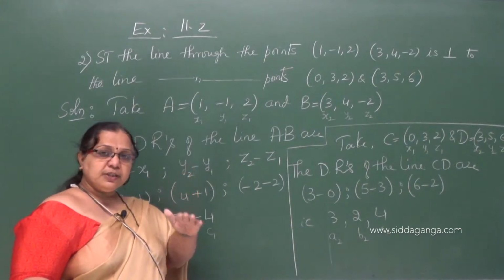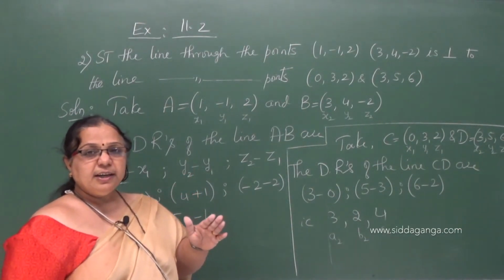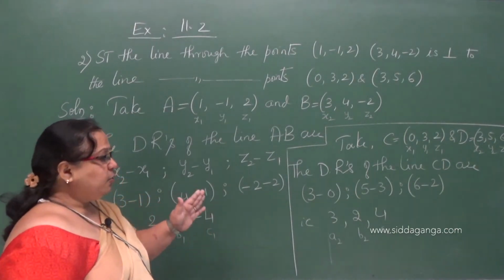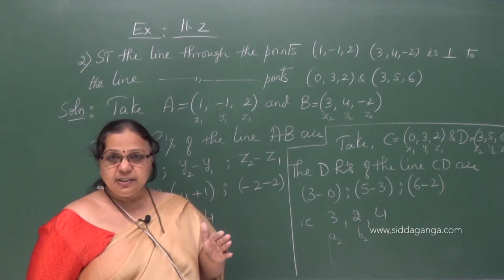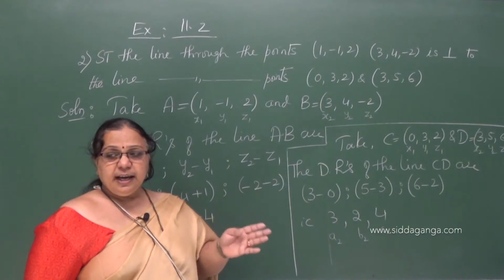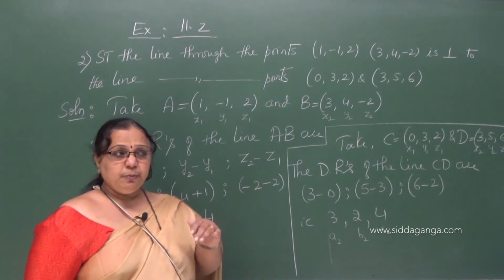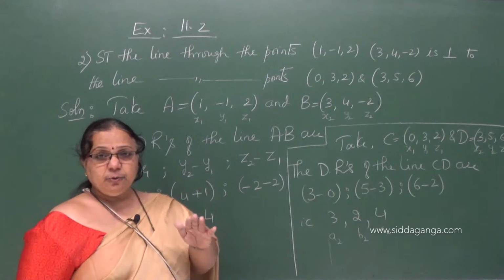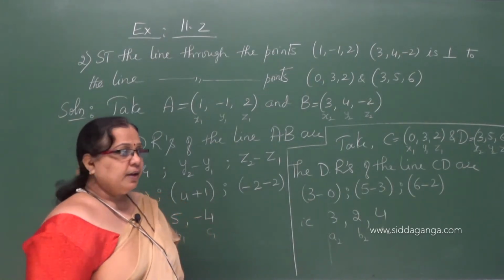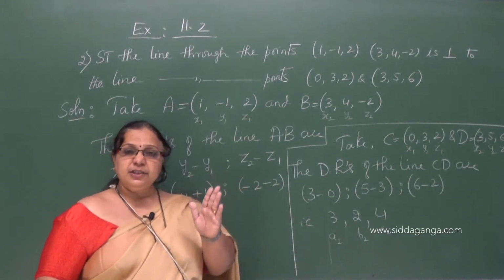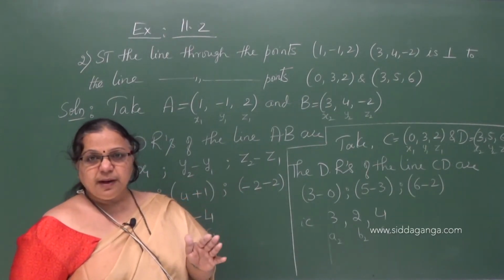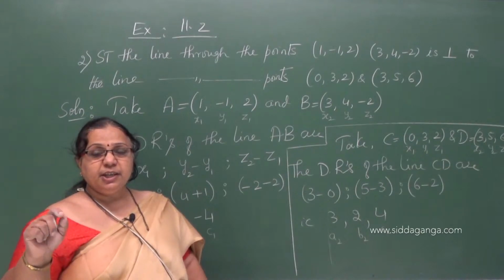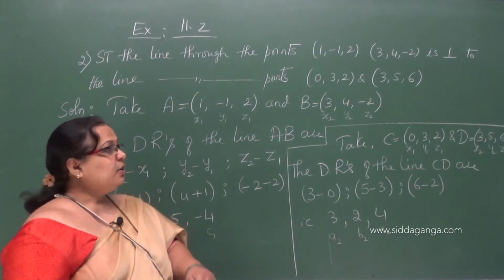When direction cosines are given, we should know the formula, and when direction ratios are given, we should know the formula. So the two lines with the direction ratios A1, B1, C1 and A2, B2, C2 respectively are perpendicular if A1 A2 plus B1 B2 plus C1 C2 equal to 0. Now to prove that the line AB and line CD are perpendicular, we have to show that A1 A2 plus B1 B2 plus C1 C2 equal to 0.